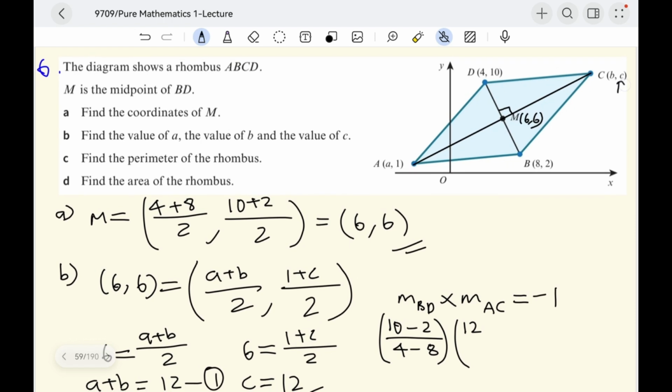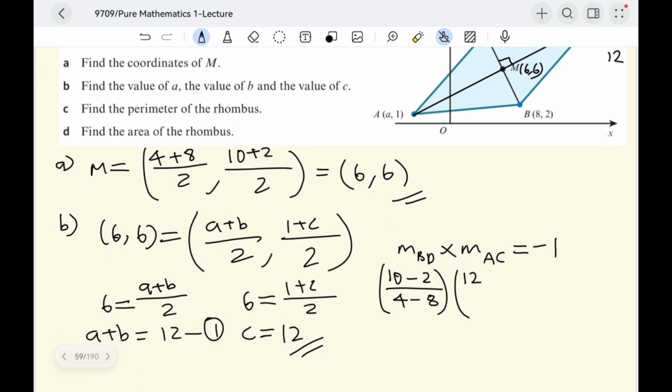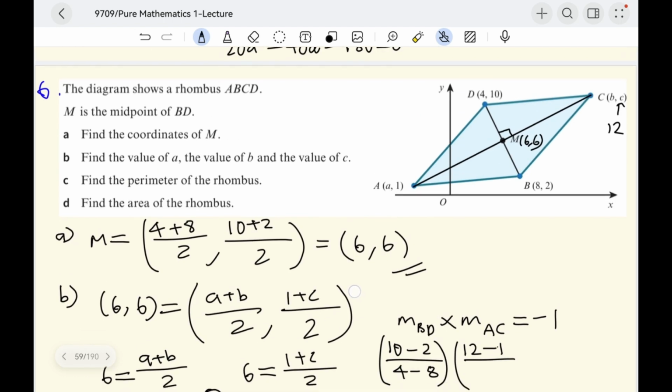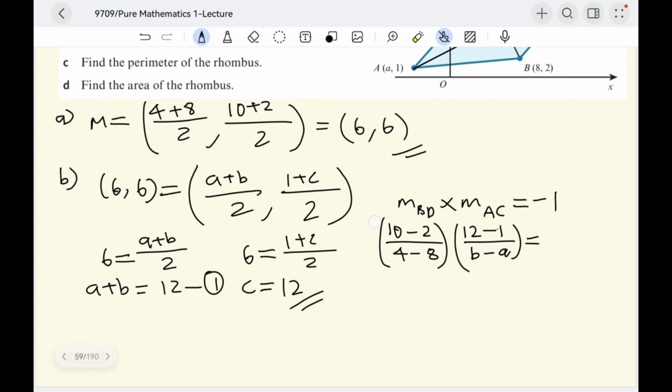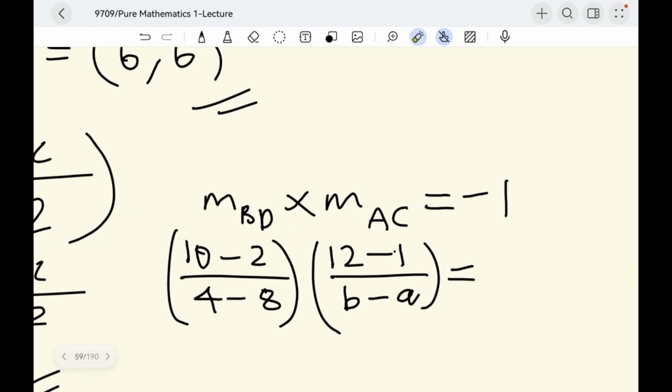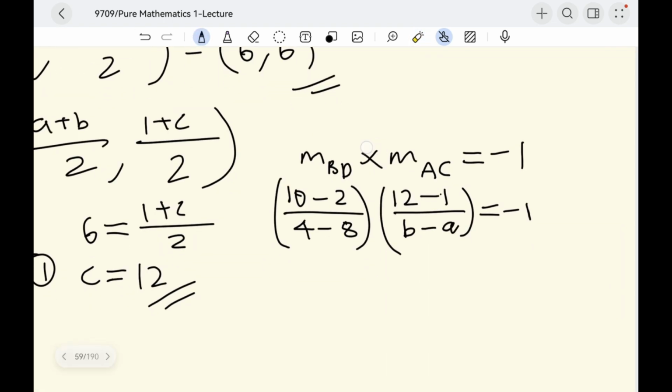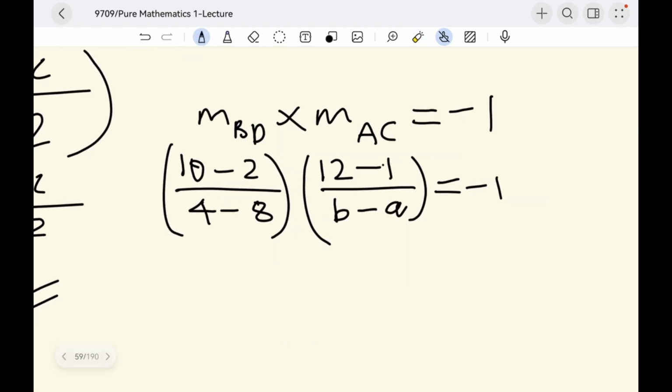Okay, here is your 12 minus 1 divided by B, I don't know, as well as A. So two variables are unknown, which is B and A only. Okay, now expand and simplify, you should get another simultaneous linear equation.